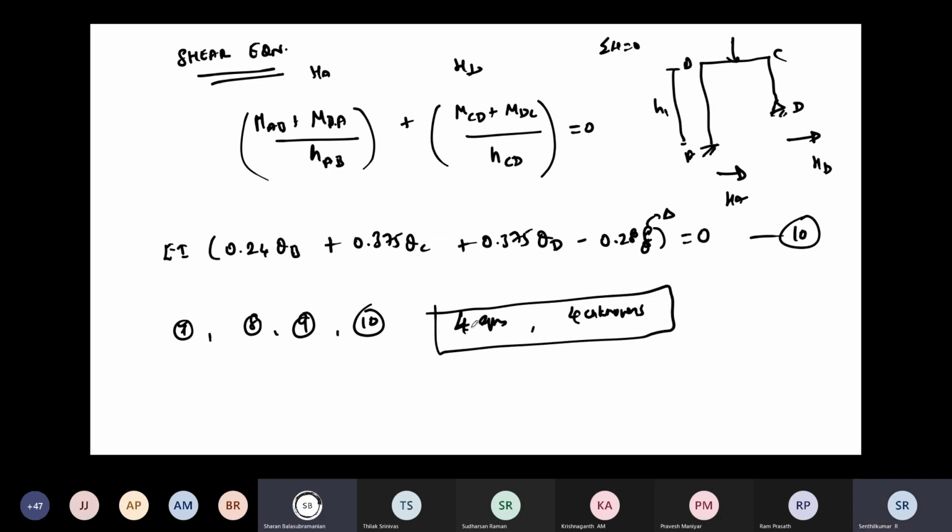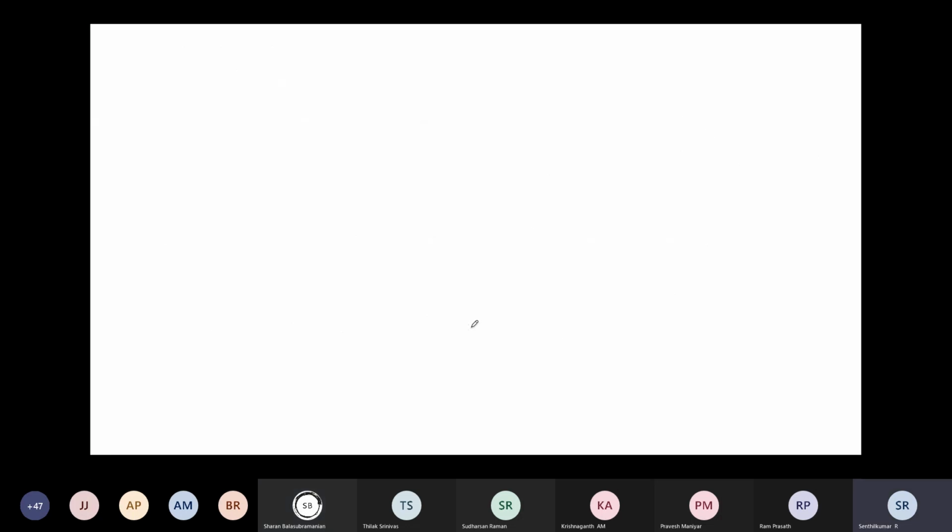Yeah, you can use matrix method also. Have you done that in your mathematics class? Yes, sir. Okay. Another simple idea you can go for: do you know the Gauss-Seidel iteration method? Have you heard about that?